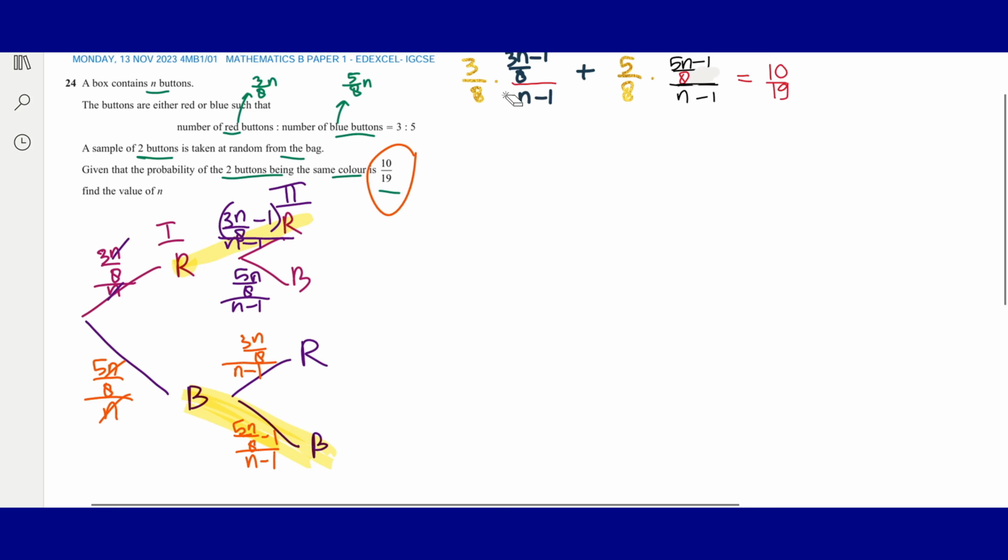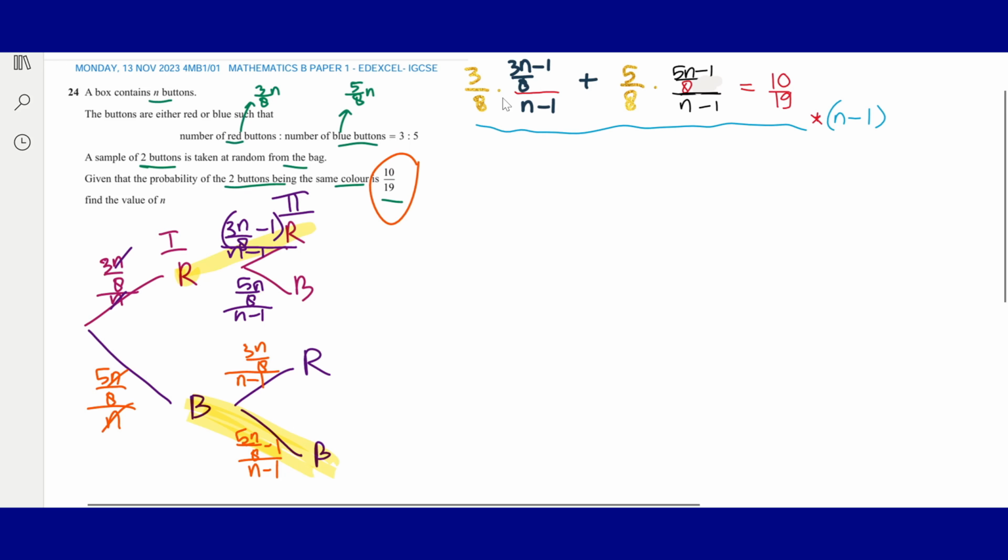The task is to cancel out the denominators, so we can work out the value of n. Let's get started. We multiply both sides, the whole equation, by n-1 to eliminate the n-1 here, times 19 as well, because we want to cancel out the 19 at the bottom, and times 8 as well.